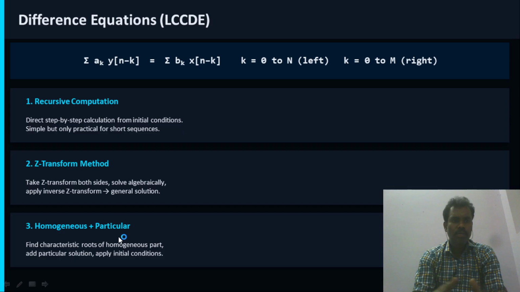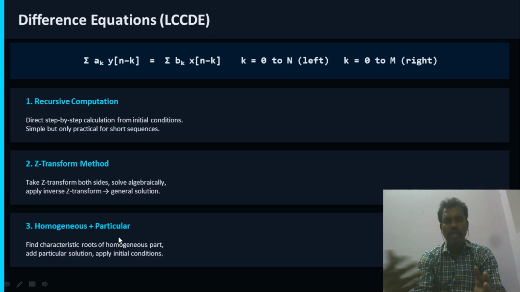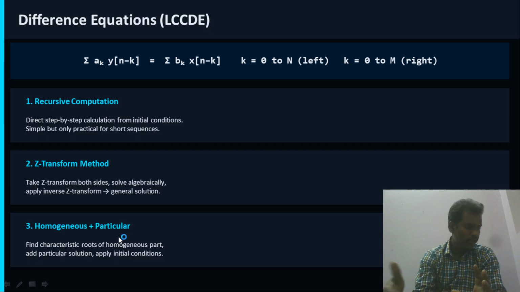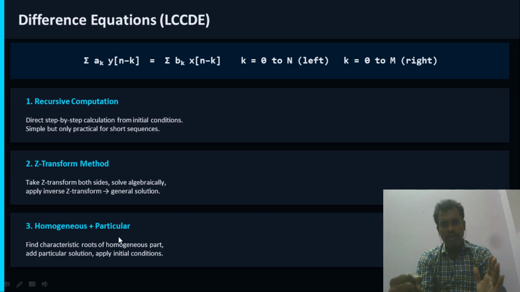For example, take an inductor. When we apply some supply, it has some electromagnetic field within the inductor. If you open the switch, it still has some energy. Now if I close the switch, the input will be applied.